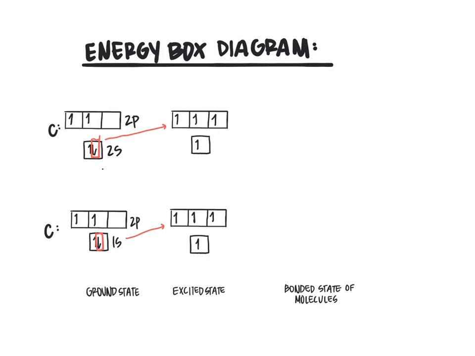This movement of the electron from the 2s orbital to the 2p orbital is called promoting. And when we promote an electron, it requires energy. So then we need to hybridize.